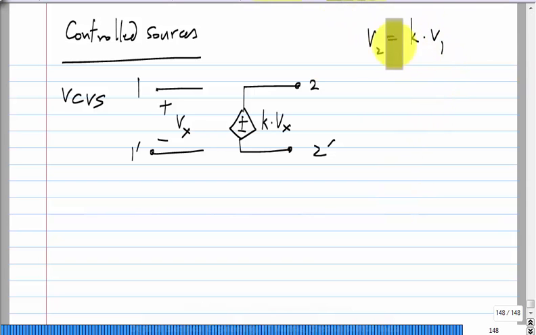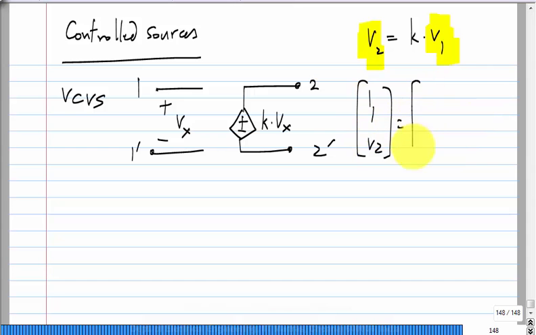So, at least from the relationship it should look like you should pick a parameter set where this is the dependent variable and that is the independent variable, and which is that? G parameters. Okay. So, I1 V2 equals the G parameter matrix times V1 I2.